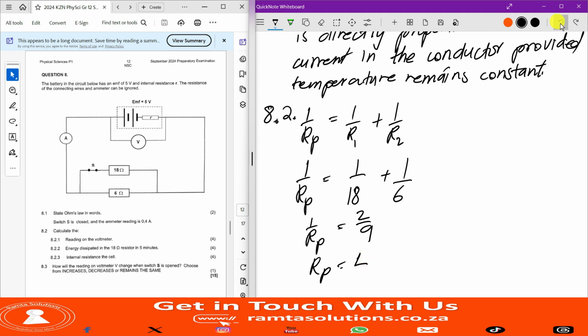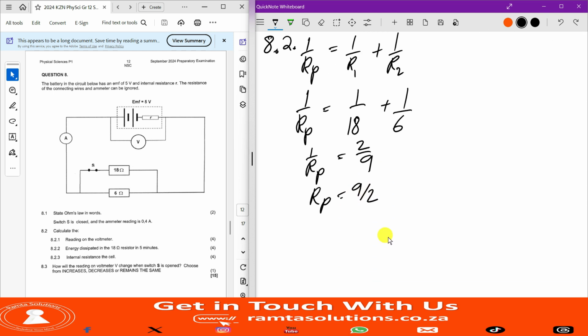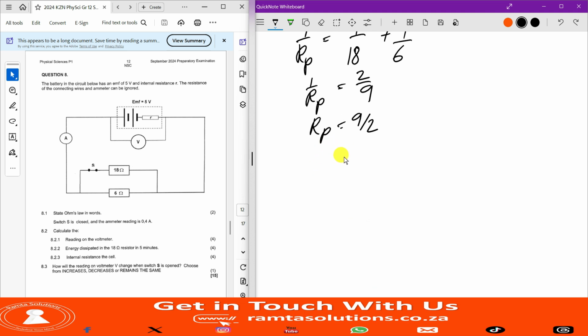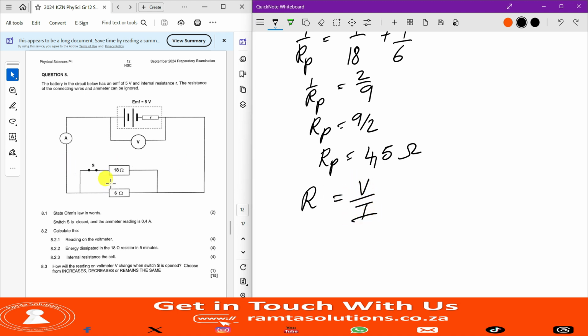But let me not rush it and just write 9 over 2, which is 4.5 ohms. We are not done. We are looking for the reading on the voltmeter. So R equals V over I. The R we use, the external, is the Rp, and the current is the one at the ammeter because this is the total current.